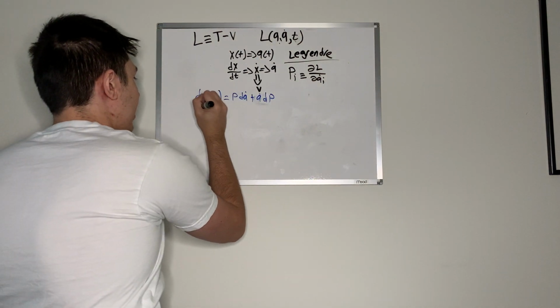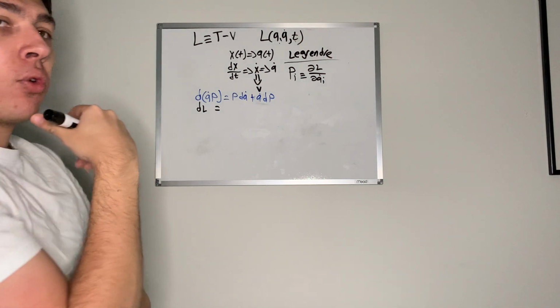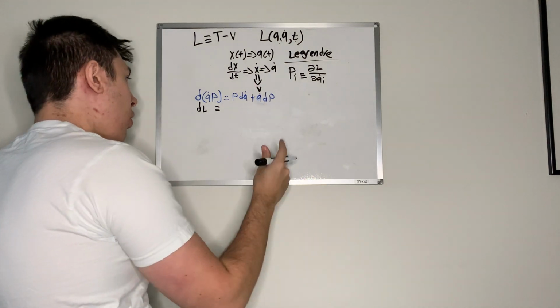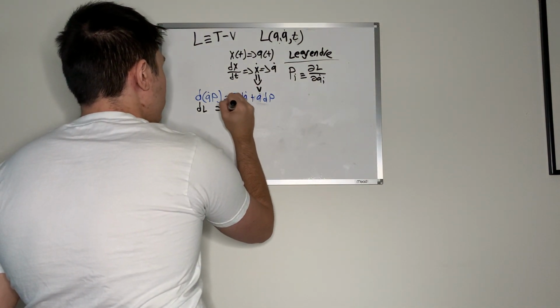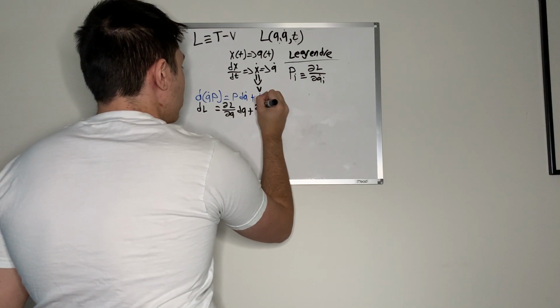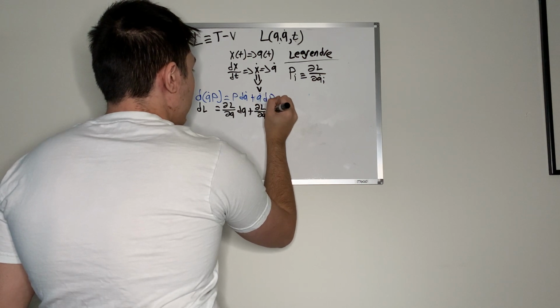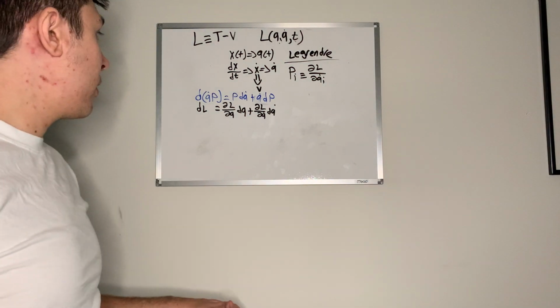So I see dL is equal to, well, I'm going to have to do what's known as a chain rule, right? So I have a dependence on this Q and a dependence on this Q dot. So if we do that, we will get partial L, partial Q, dQ, plus partial L, partial Q dot, dQ dot, right?